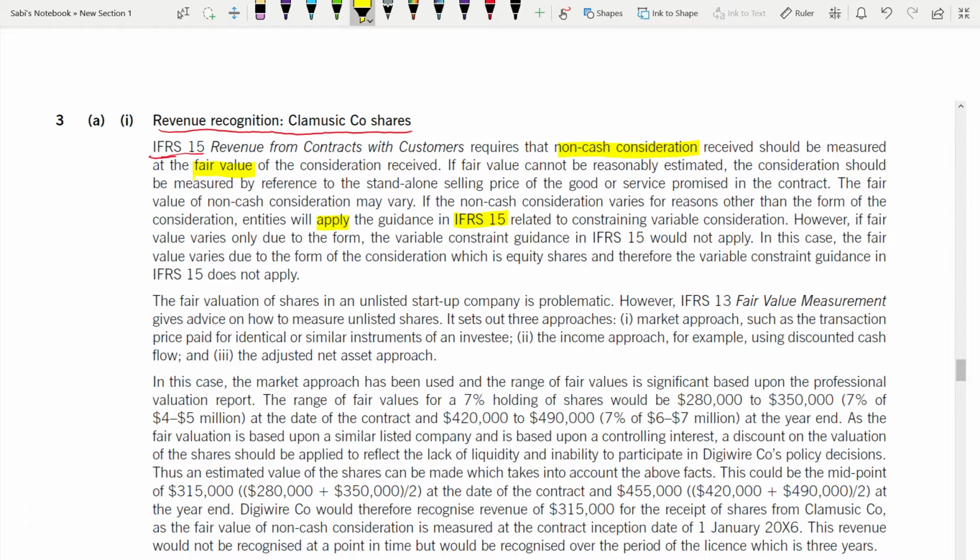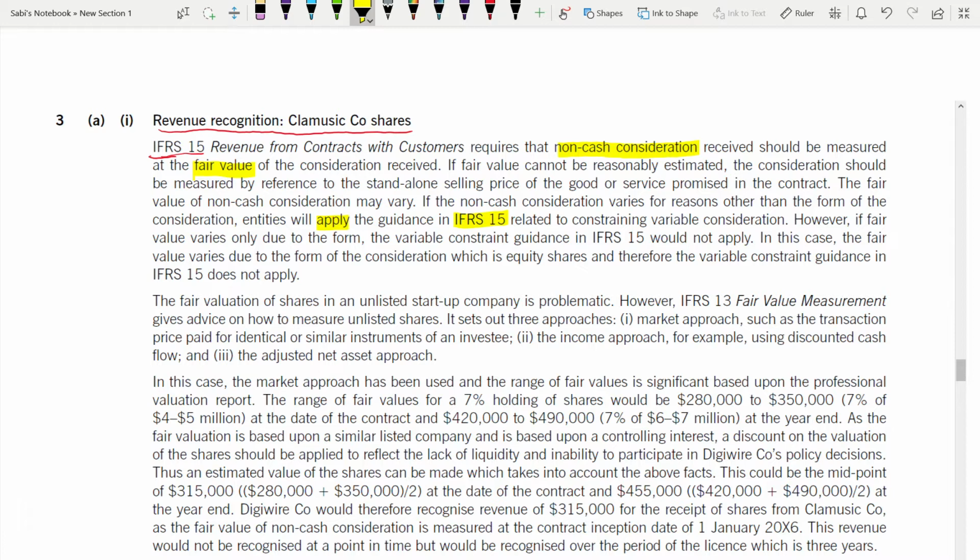They should apply this. They should not apply this. So entities will apply guidance in IFRS 15 relating to constraining variable consideration. However, if fair value varies only due to the form, the variable constraint guidance in IFRS 15 would not apply. This also you should write. Both the sides you have to write.